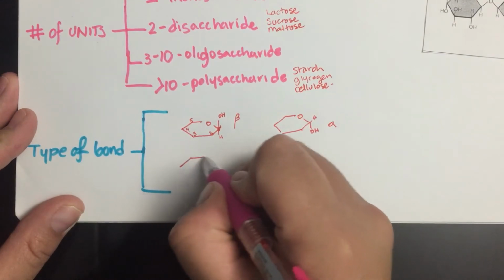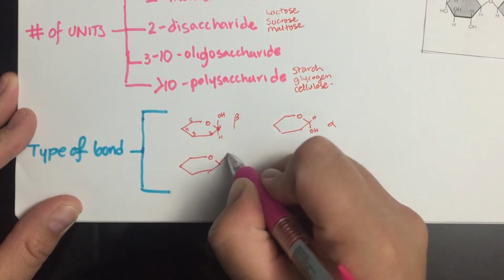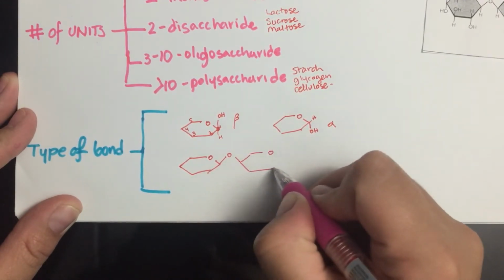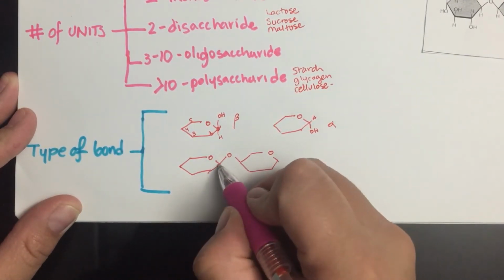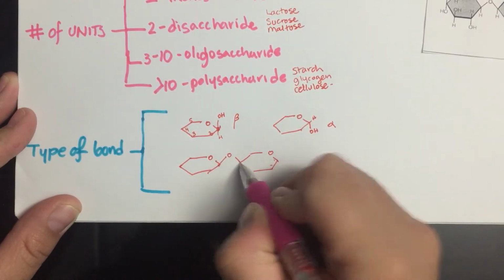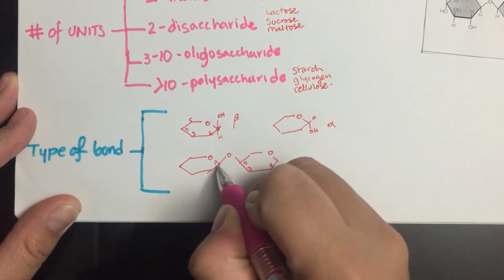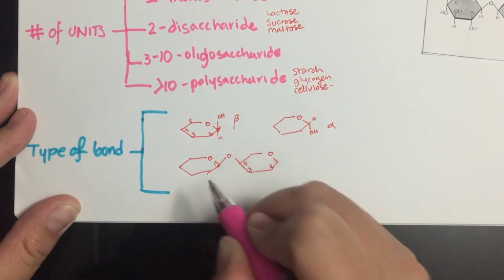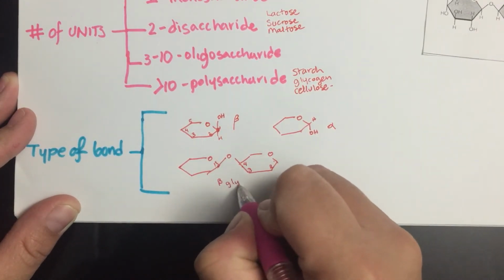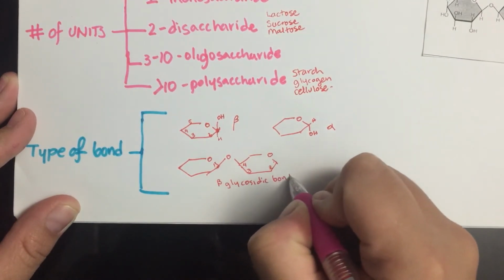The same is going to happen if you have a bond. Let's say you have one like this. It's said to be a 1 to 4 bond, because this is the order of your carbons, from carbon 1 to carbon 4, and it's going upwards, so this would be a beta glycosidic bond.